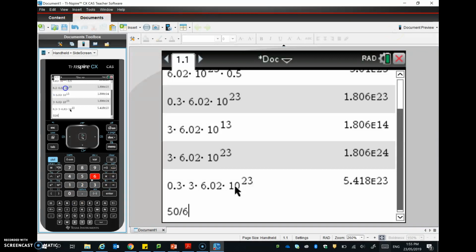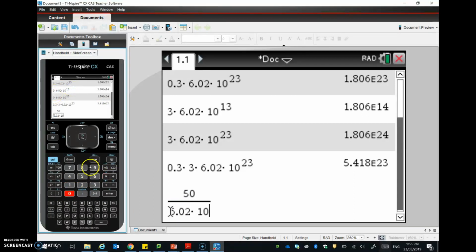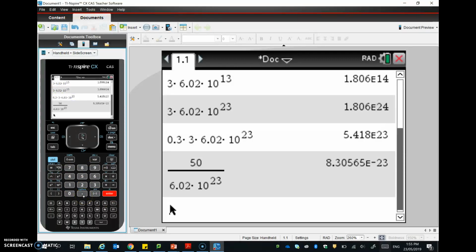50 divided by 6.02. Now I'm going to put brackets around this one. Actually, I'll do it this way. Just bear with me. You can see I've been checking those answers from before, getting those ready for you. I'll do this one. Okay, so, beg your pardon, 50 over 6.02 by 10 to the power of 23, and we get an exceedingly small number.